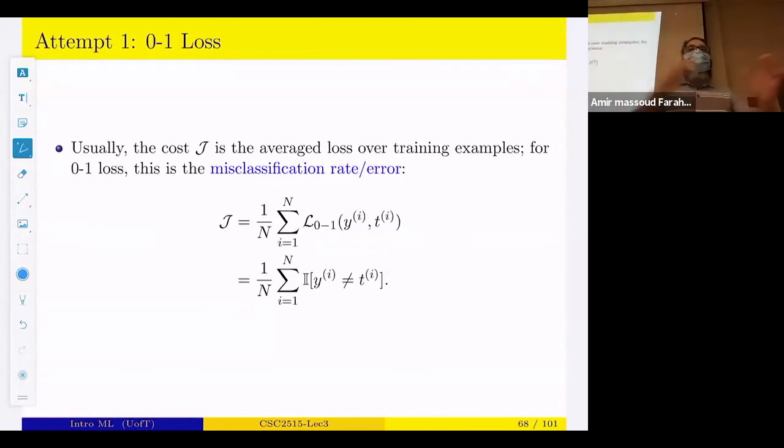Now we count for all the training points, and that would be our cost function. So J would be the average over our training data. We write it as 1/n times the summation over our n data points of the 0-1 loss, which can also be written as the indicator of whether yi is different from ti.